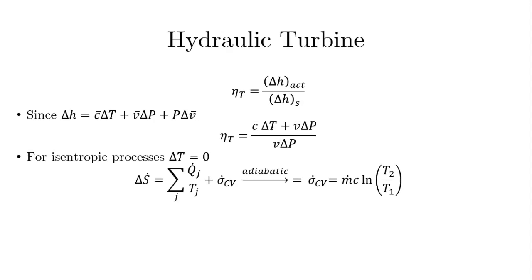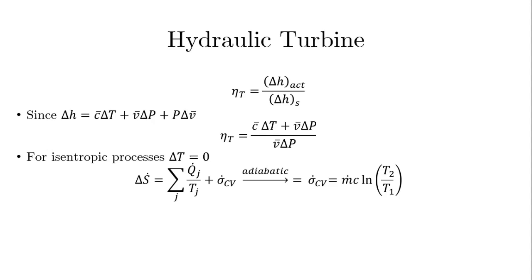We also know that if we look at the second law of thermodynamics for this particular system, under steady state assumption, we can show that delta S is equal to m dot ln of T2 over T1.